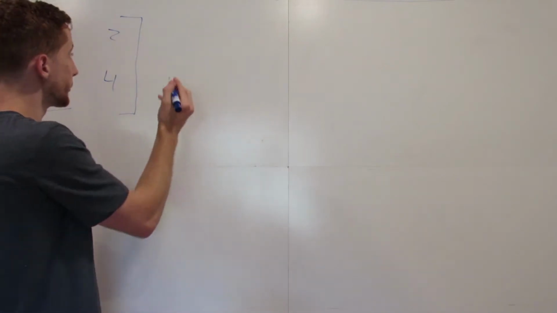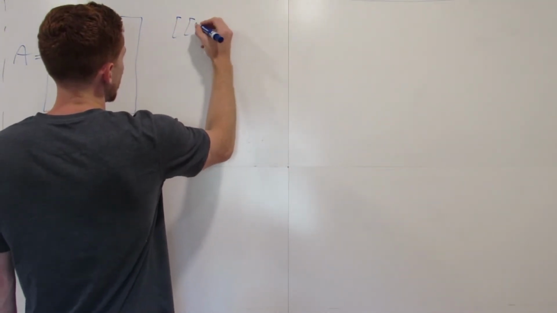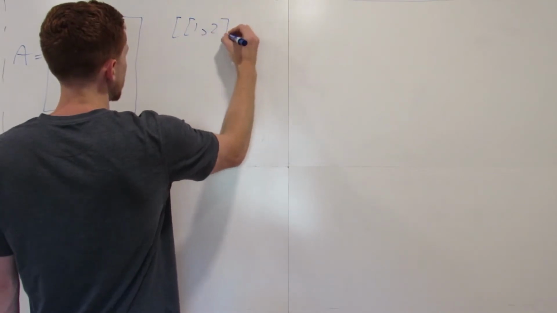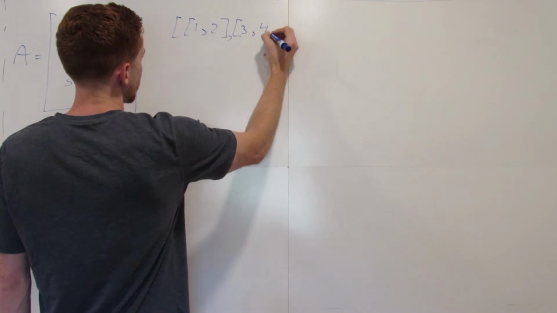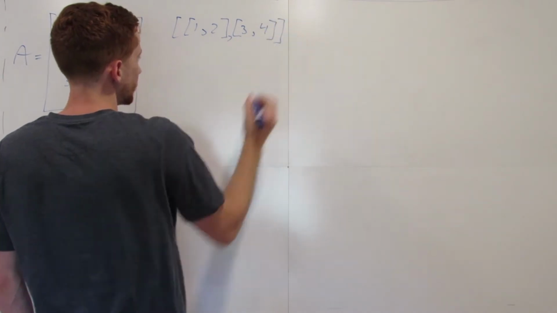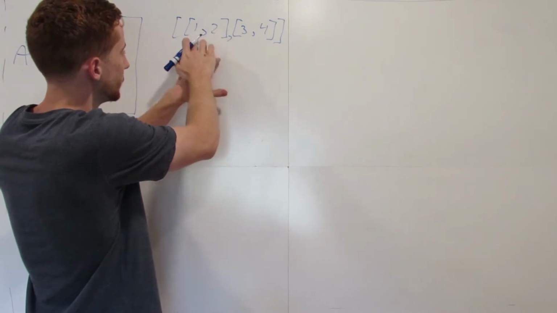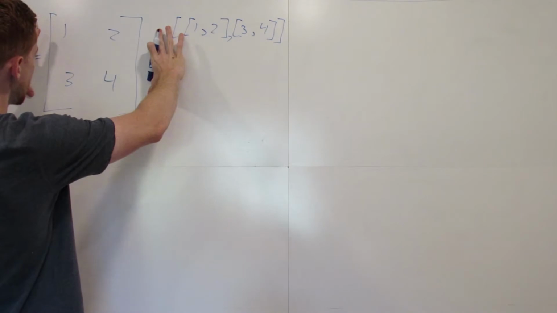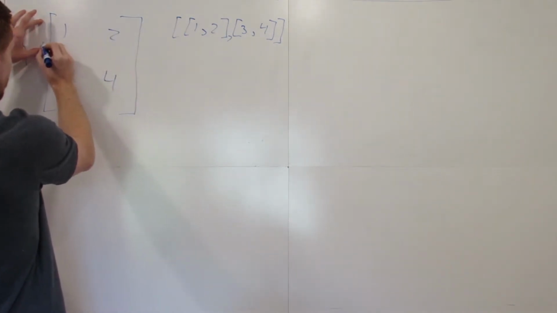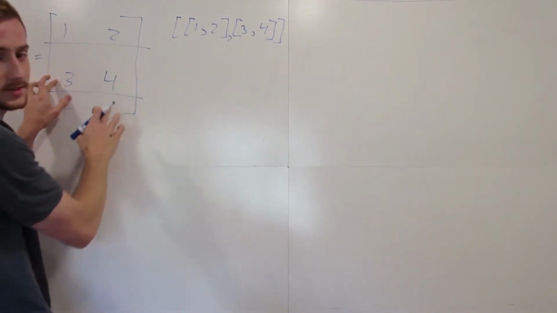One way you might represent it in code would be [[1, 2], [3, 4]]. So this is a list containing two elements where each list has two elements in it. So this is our list. It has two elements, this row here, and then within each row there's two elements.